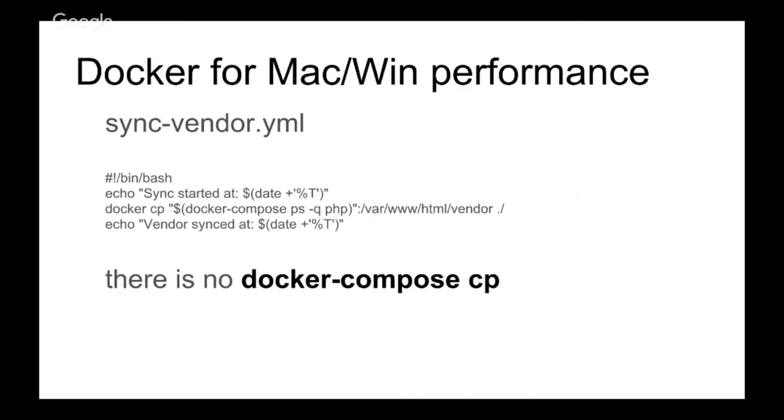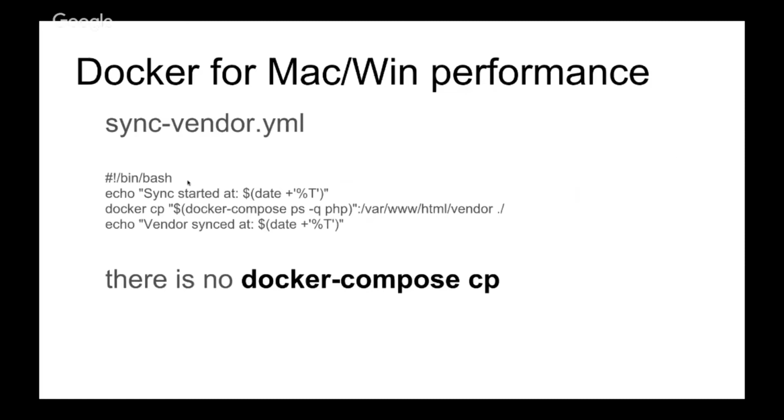But there was a little complication, as Docker Compose does not know exactly all Docker commands. Docker Compose knows, let's say, exec, logs, and things like that, but copy was not that.